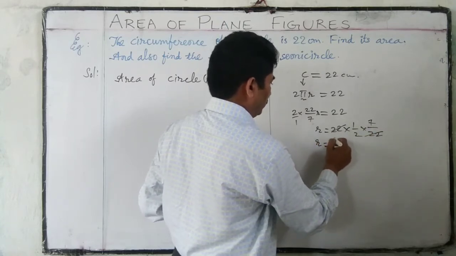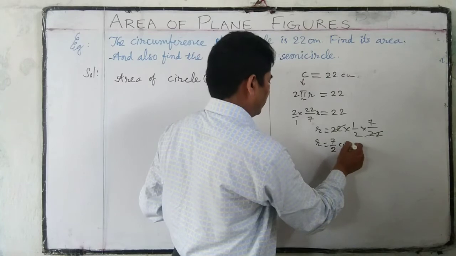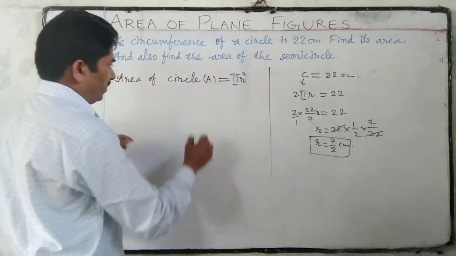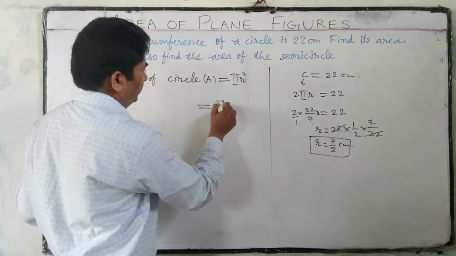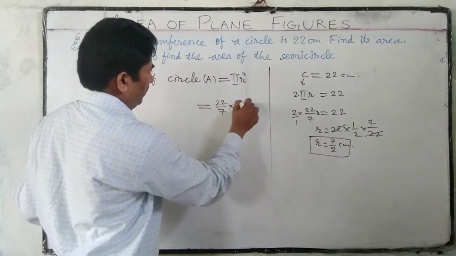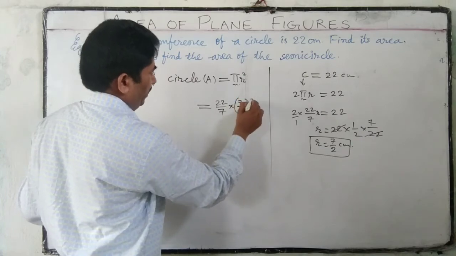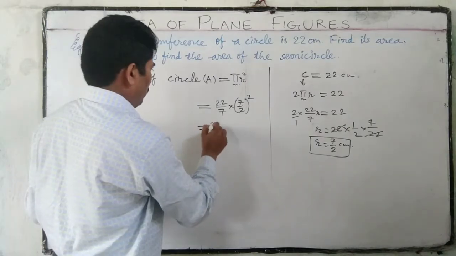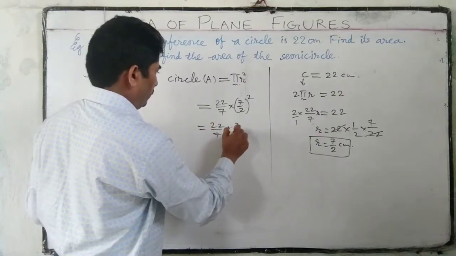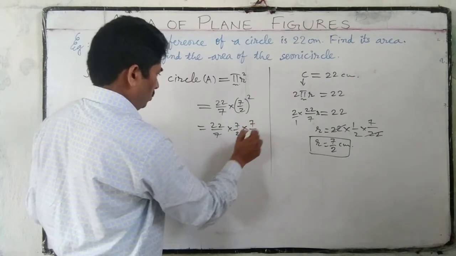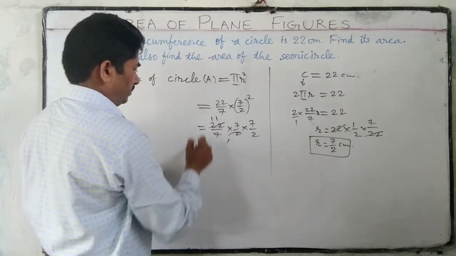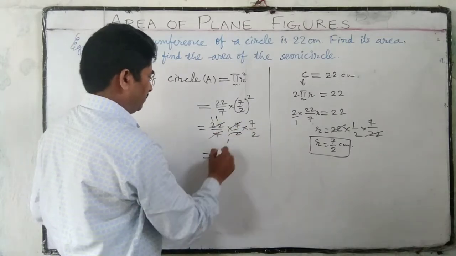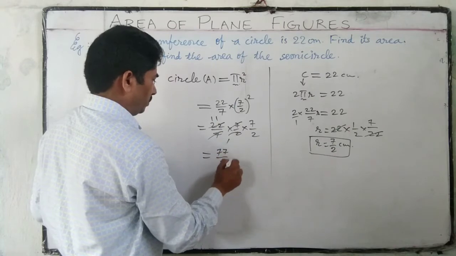R is equal to 7/2 centimeters. Now we have to substitute this value in the given formula: 22/7 into 7/2 whole square, that is 22/7 into 7/2 into 7/2. 2 ones are 2, 7 ones are 7, 11 into 7 is 77/2.